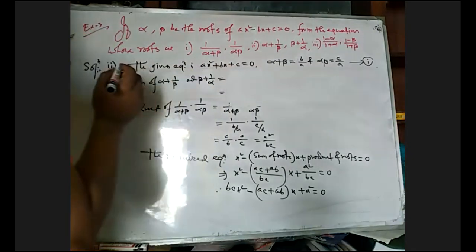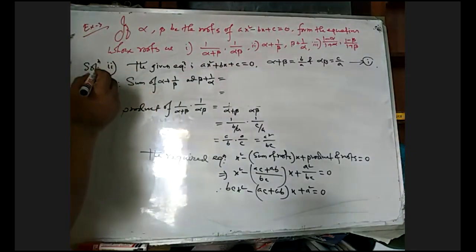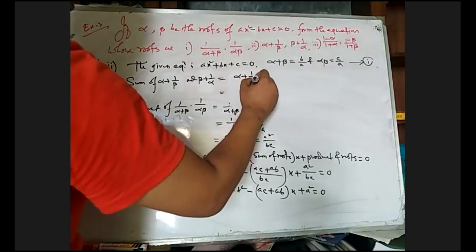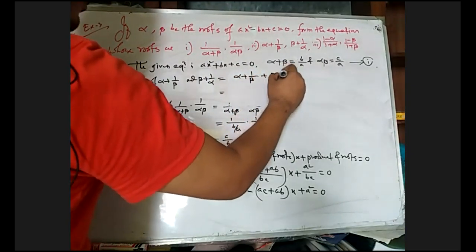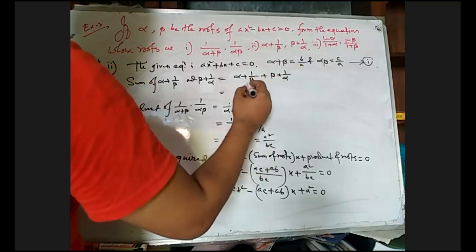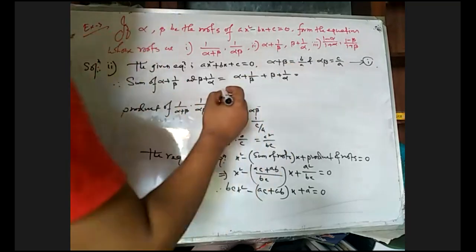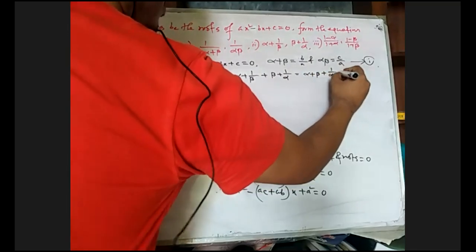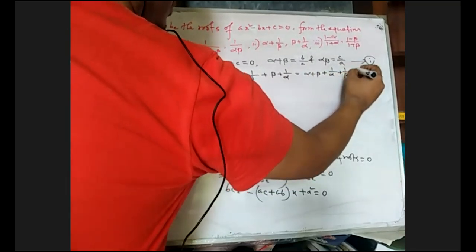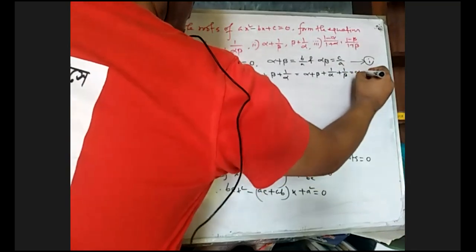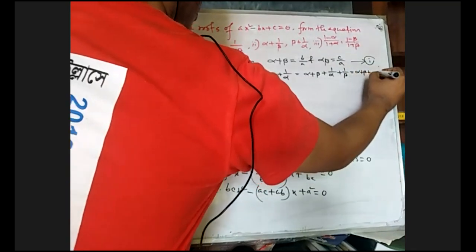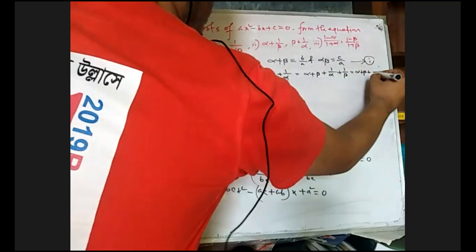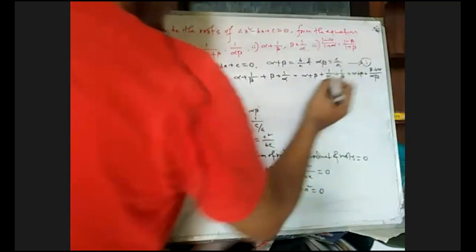So the sum of these, actually, is alpha plus 1 by beta plus beta plus 1 by alpha. So for this we get alpha plus beta plus 1 by alpha plus 1 by beta. Then alpha plus beta, here alpha beta is the LCM, so we get beta plus alpha.